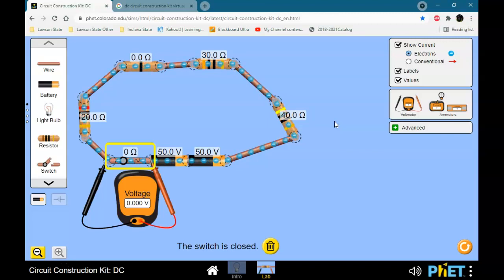The only way that you would not have something if you had a short is if it burned into an open. Does that make sense? Yeah, just like opening a switch. It just opens up the circuit because it can't take it anymore.